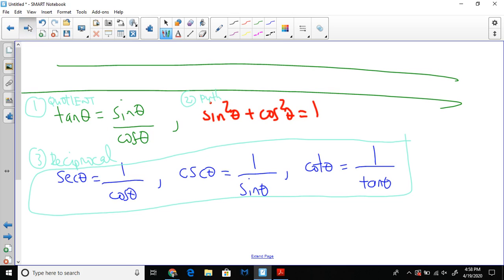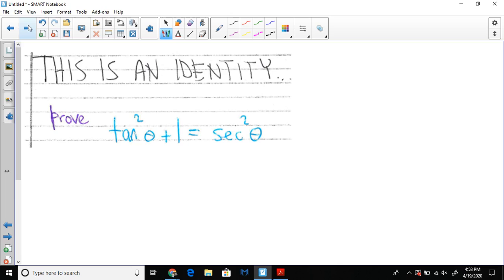So let's try one. Here is an identity. Notice the nature of the question: you're given essentially an equation, with the left side equals the right side. Now you're not solving for theta.